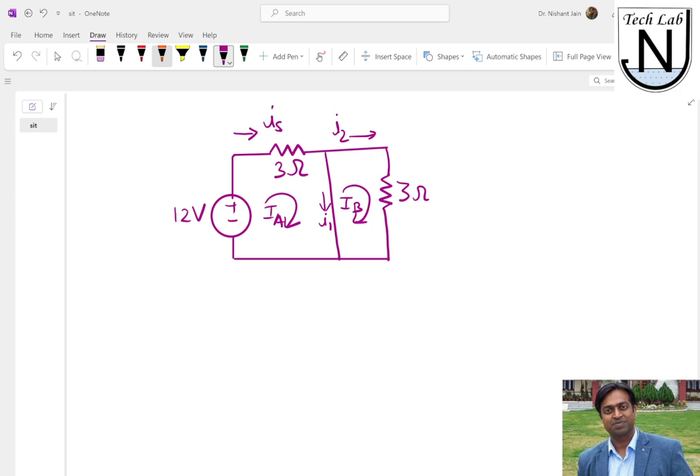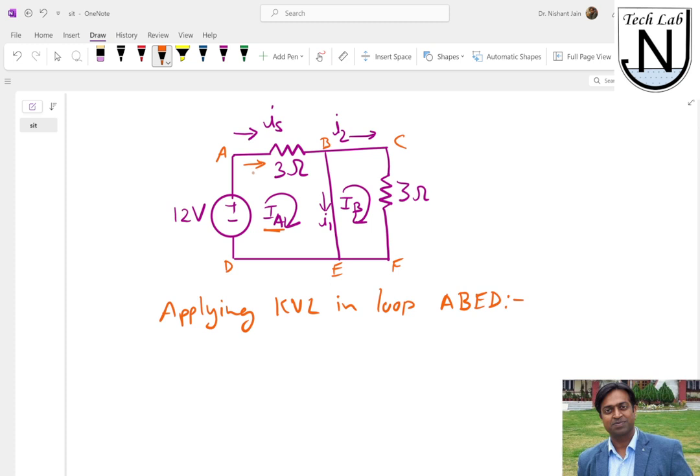So now we need to apply the KVL in these loops. So let me also label the points A, B, C, D, E, F. So applying KVL in loop A, B, E, and D. Over here when we apply the KVL, we can see that this IA current will flow through the 3 ohm as it is.